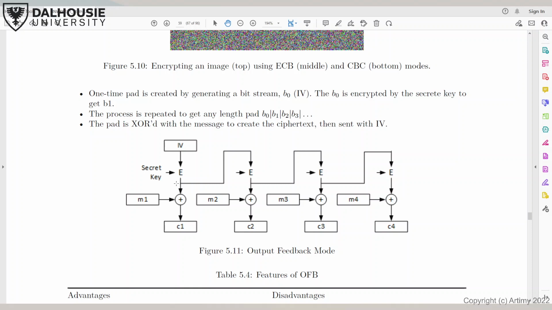So we don't know what it is, right? When we XOR it with M1, we get something encrypted XORed with the message. So what we get almost looks random, the result of the encryption there, right?